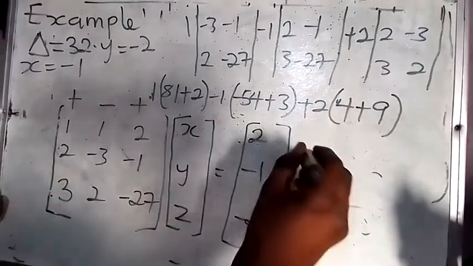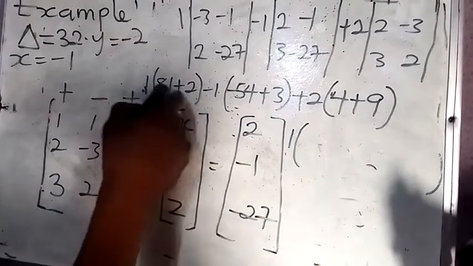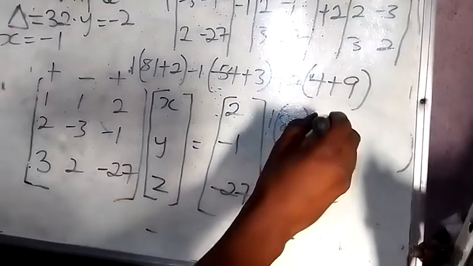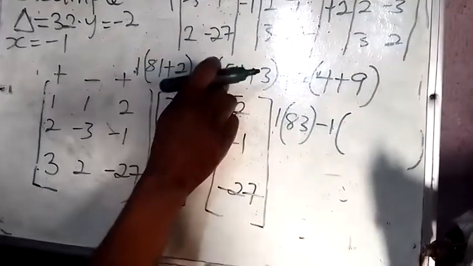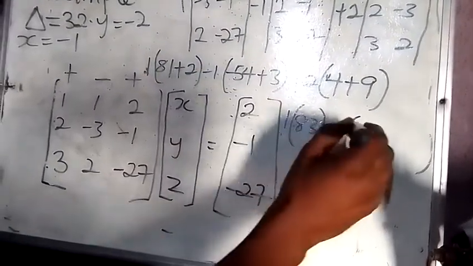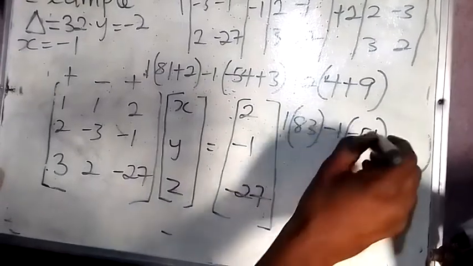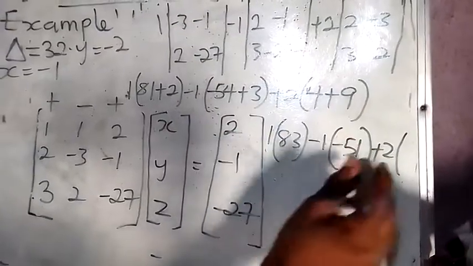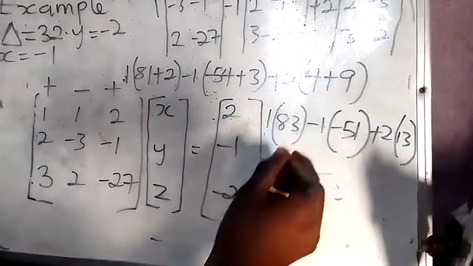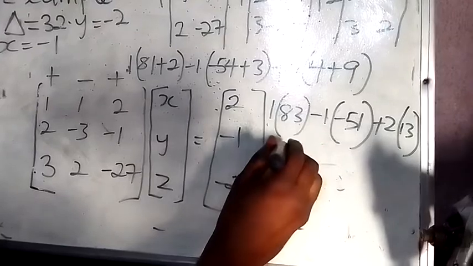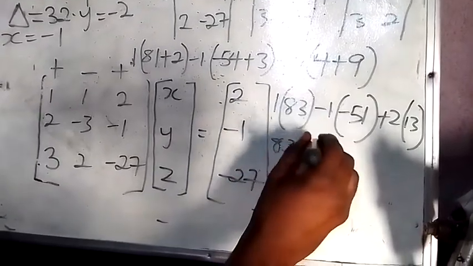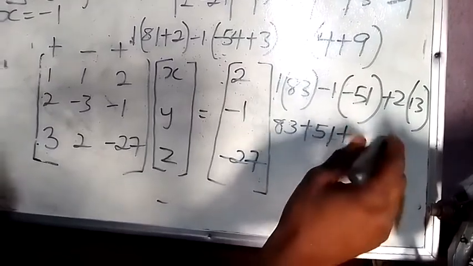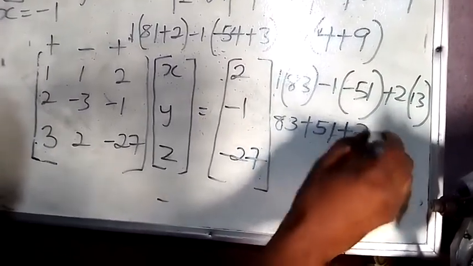So that will be 1, open bracket, 81 plus 2, that is 83. Minus 1 into bracket minus 54 plus 3, minus 51. Plus 2 into bracket 4 plus 9, 13. So 1 times 83, that is 83, minus and minus plus 51, plus 2 times 13, 26.